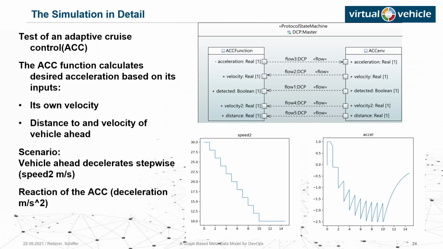In our scenario, the vehicle ahead abruptly decelerates several times, as can be seen on the plot on the lower left, the speed 2, and on the lower right, you can see the reaction of the ACC function. That is, it decelerates each time the vehicle ahead brakes.